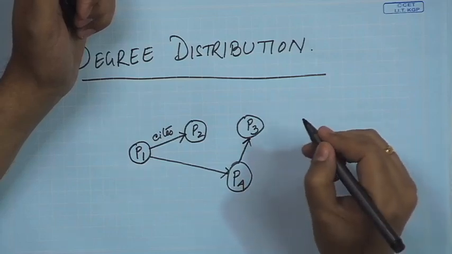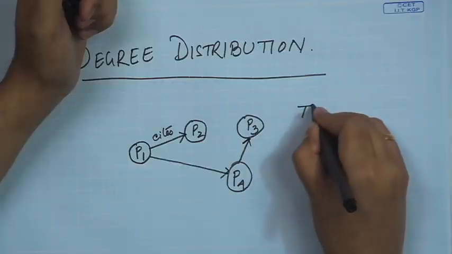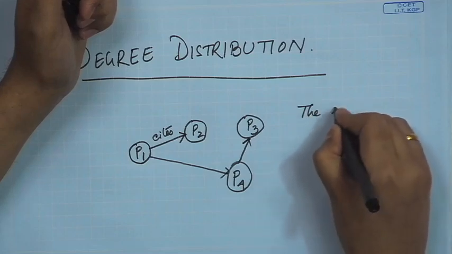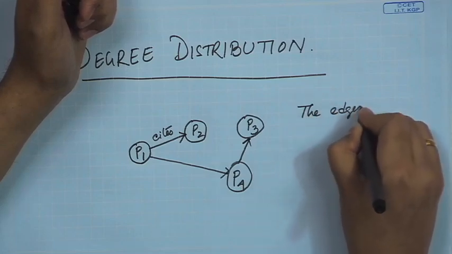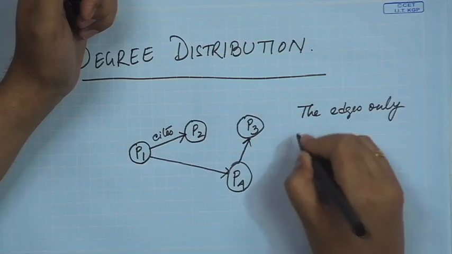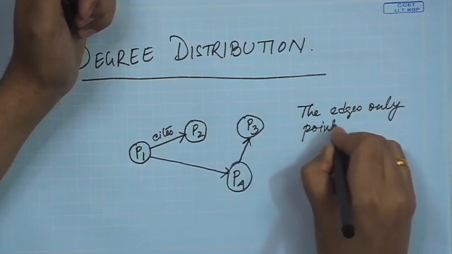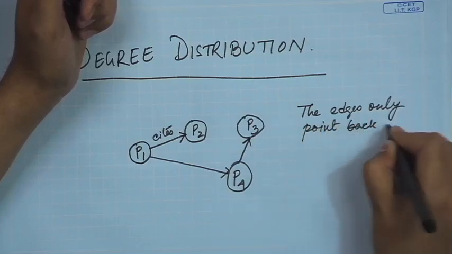So, the point to note is that in this particular network, the edges only point backward in time.